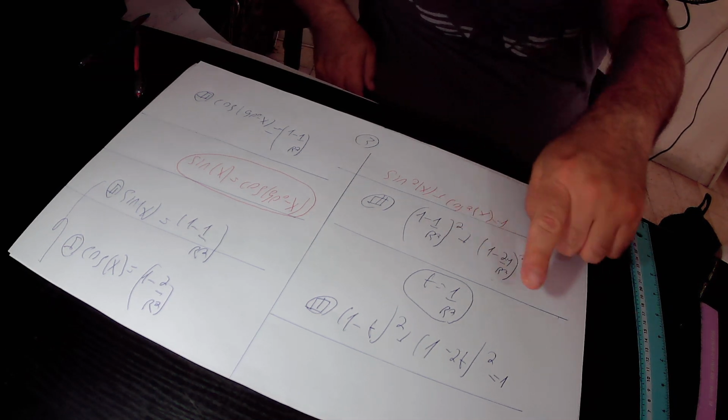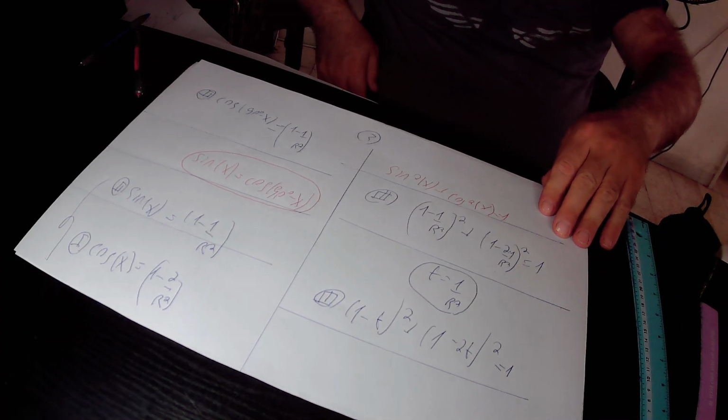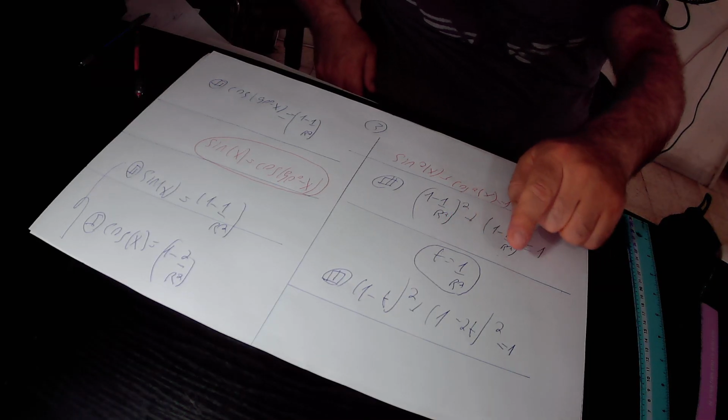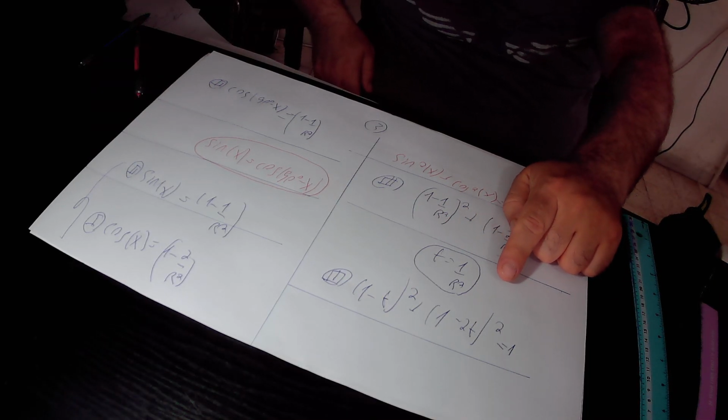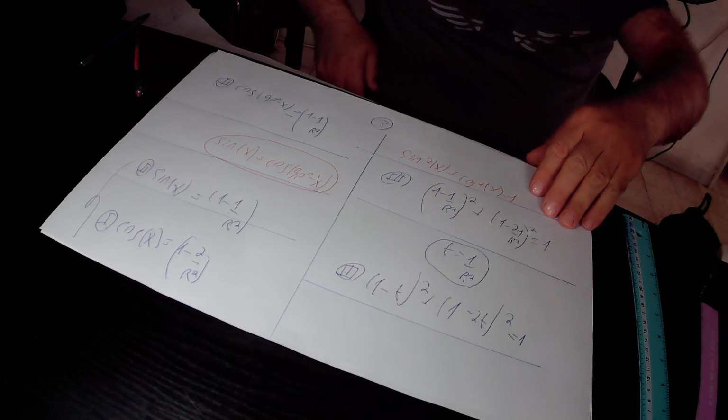Here we open the brackets on this side of equation 3, and we find that 1 squared plus t squared minus 2t, plus 1 squared plus 4t squared, that is 4t squared, minus 2 times 1 times 2t is minus 4t, equals 1.